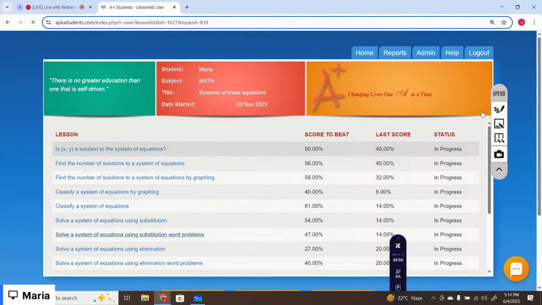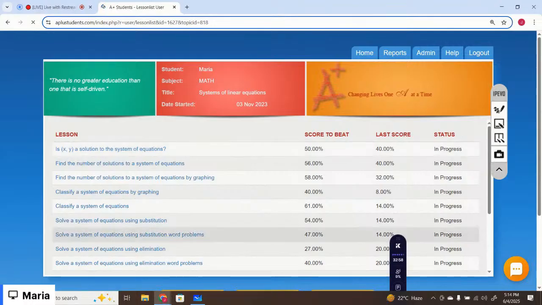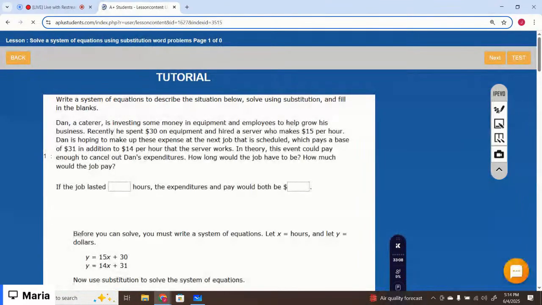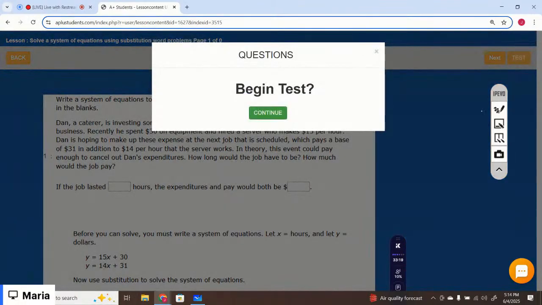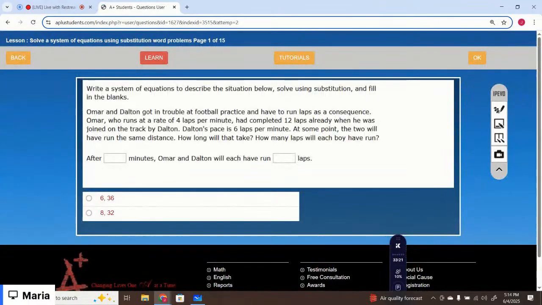The next lesson is solve a system of equations using substitution, word problems. Let's start with the test question. Kunal and Dalton got in trouble at football practice and have to run laps as consequences.